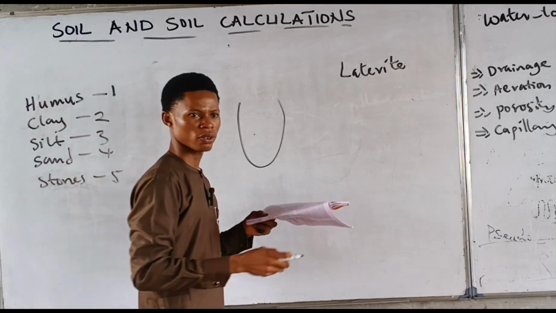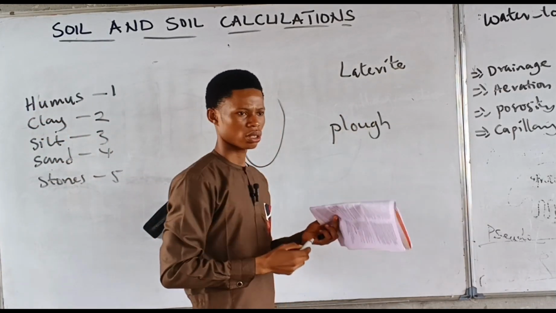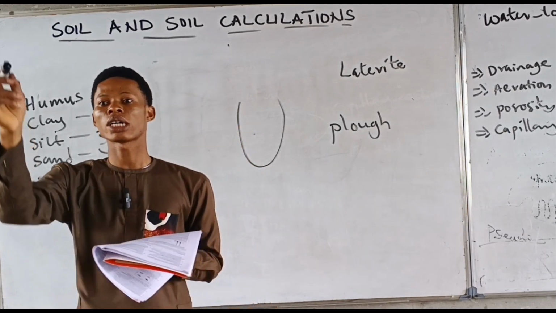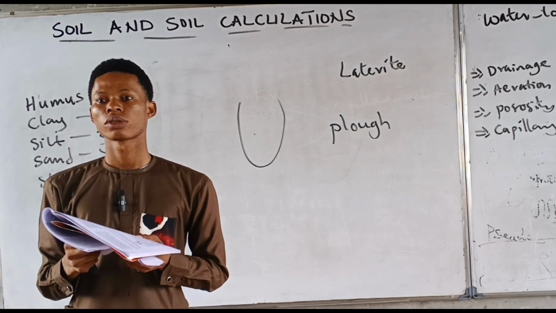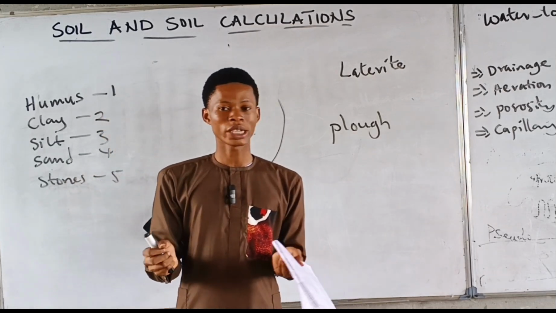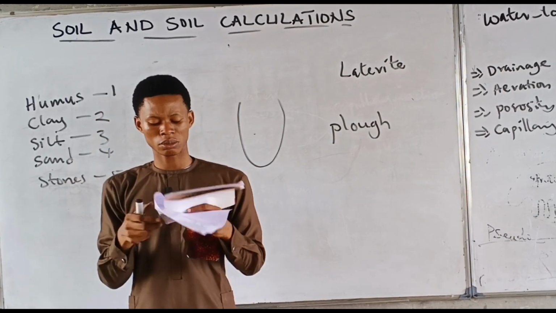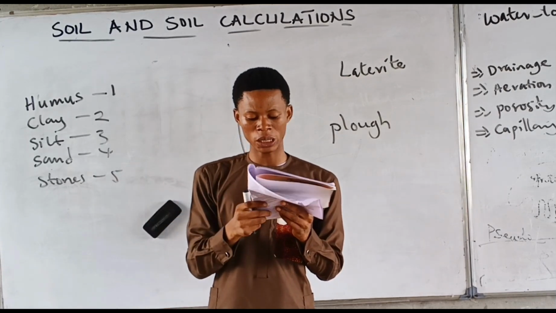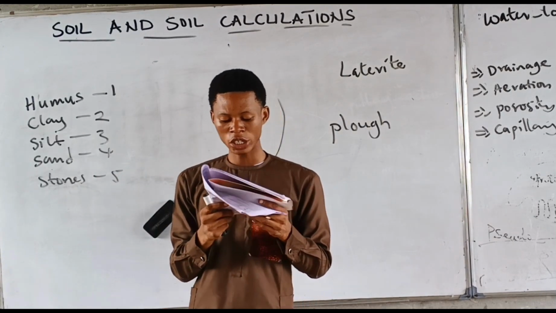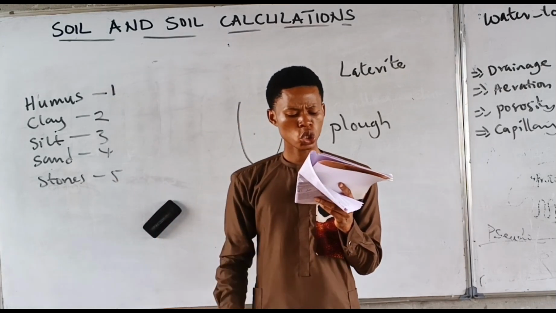So it's one that is what? Clay, right? When it is wet, it becomes heavy and sticky, so it is the most difficult to cultivate. So the answer is clay soil. Yes.